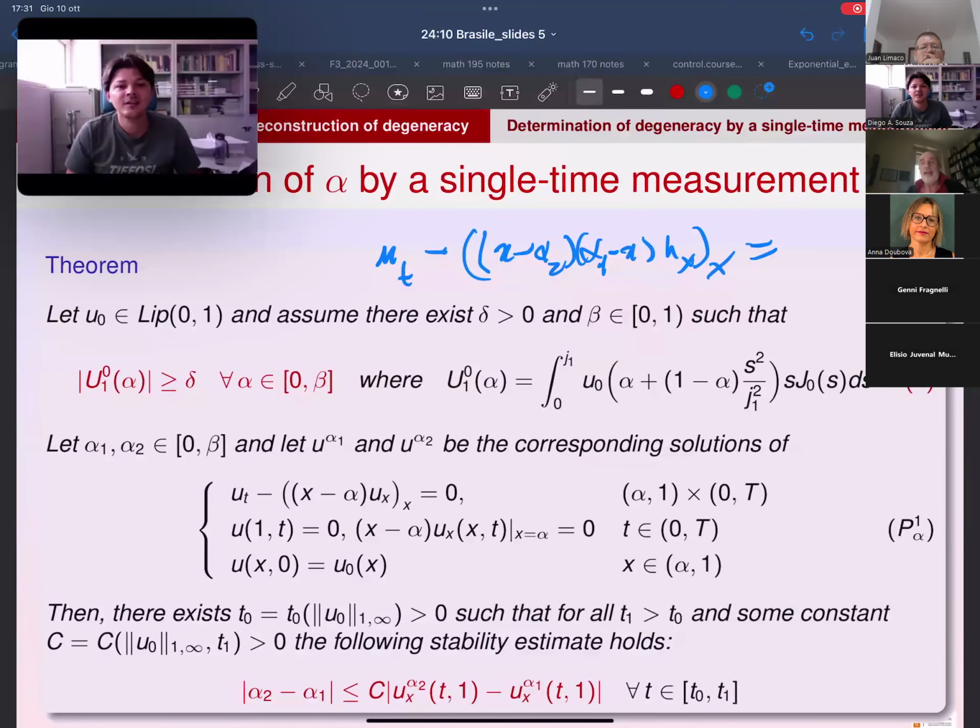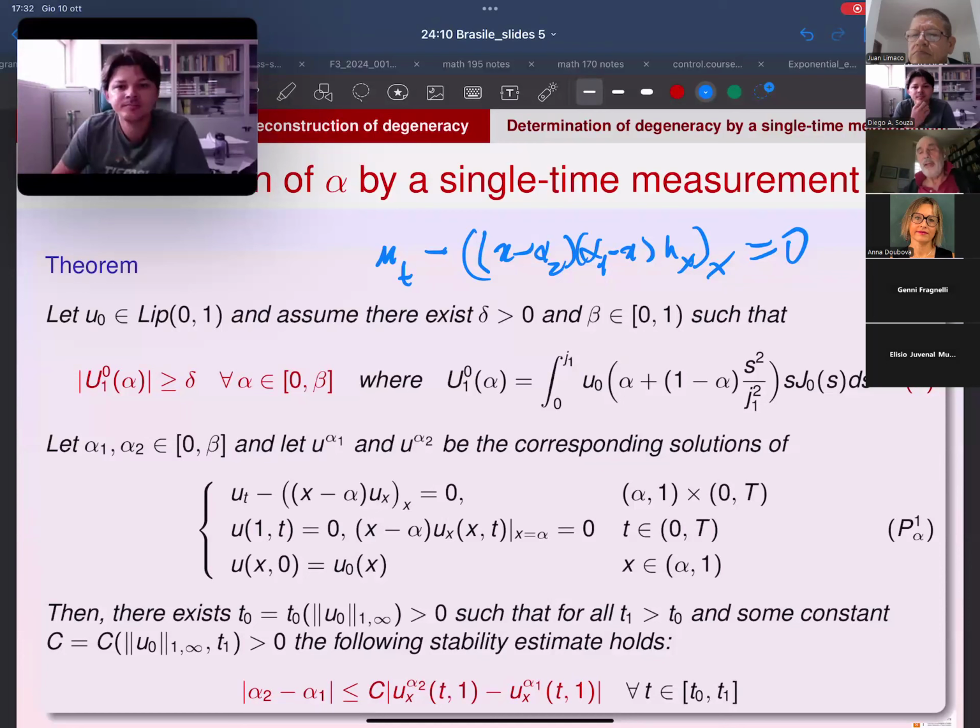So again, locally, close to, in the interval alpha 2, alpha 1, or 0, alpha 1, it is just one of the two factors that determines the degeneracy. The other is different from 0.